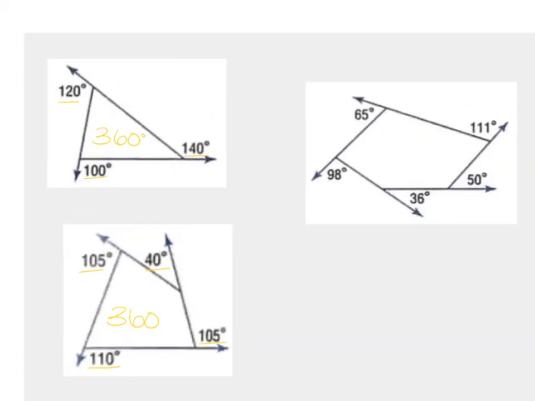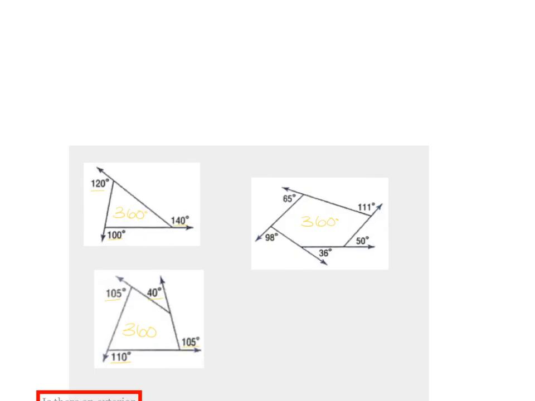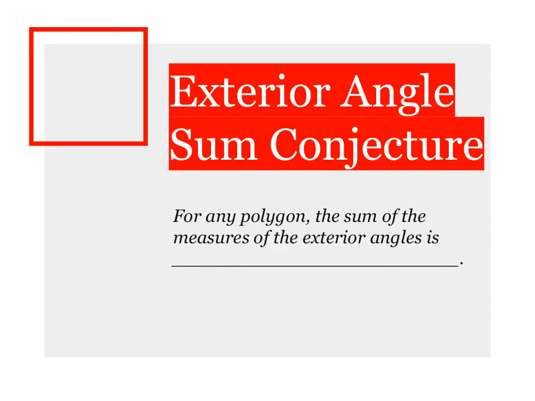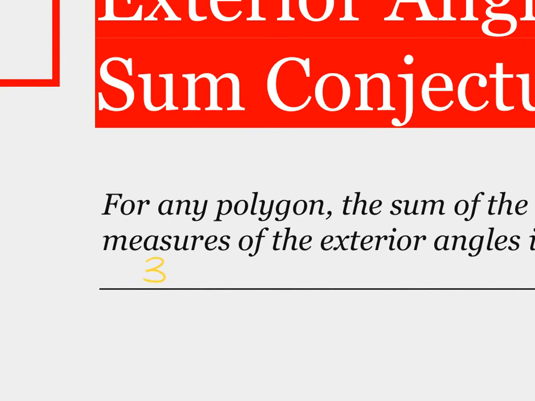You might see a pattern already, and you can confirm by adding these all up, and again you should get 360. This is not a coincidence. These are not just well-picked examples. This works with every single polygon. So for any polygon, the sum of the measures of the exterior angles is 360 degrees.